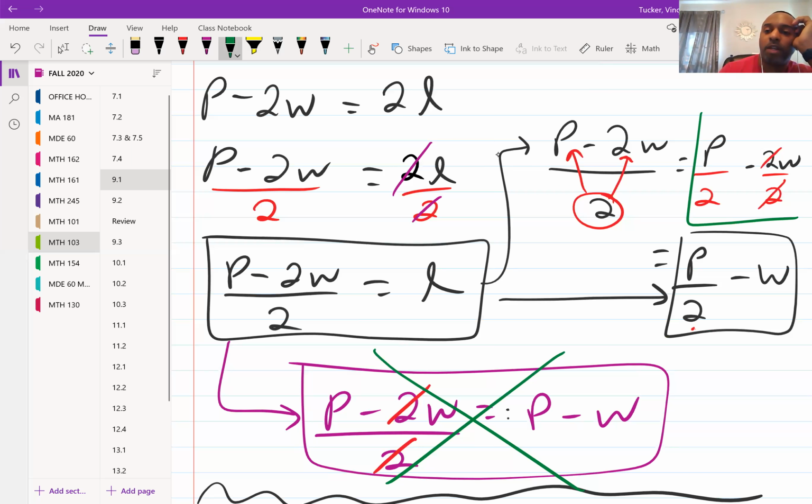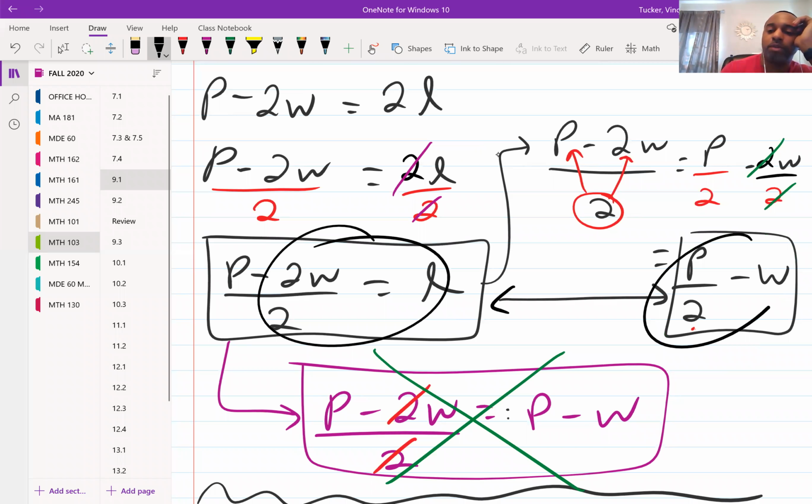So that's why you have right here P over 2 minus 2W over 2. Once you're there, then if you want to cancel out the 2, you can do so. These 2's will cancel, and that would leave you with P over 2 minus W. So both of those answers are acceptable.